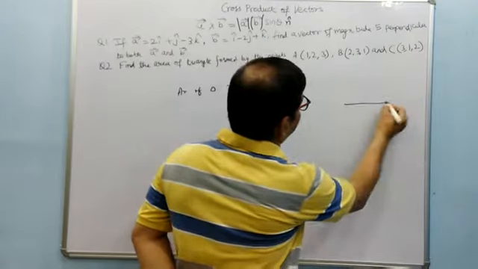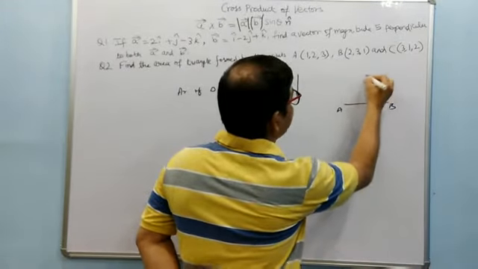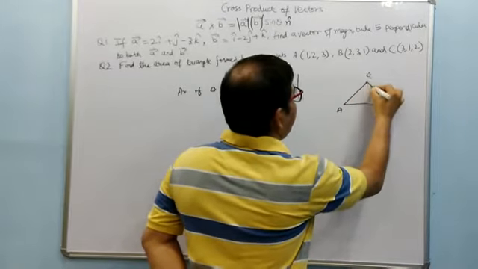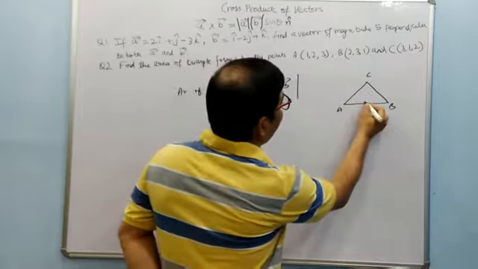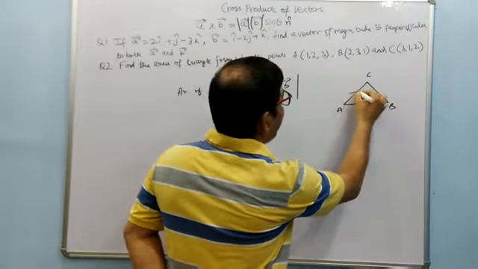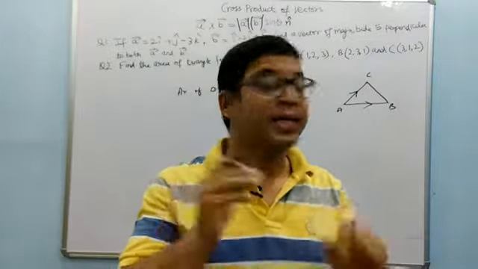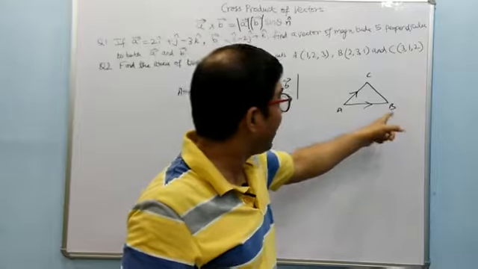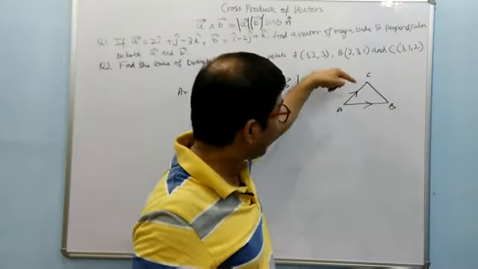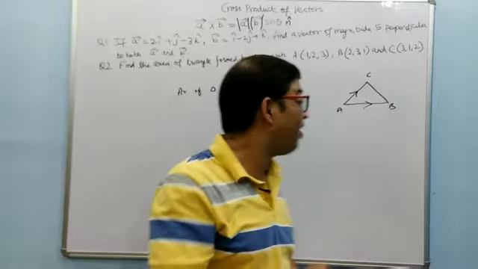So if 3 points A, B, C are given, we need to find the area of the triangle. What we will do? We will find vector AB and vector AC. The two vectors should emanate from a single point, from A. It can be AB, AC, or BA, BC, or CA, CB, like that. You pick up the vectors in that fashion.